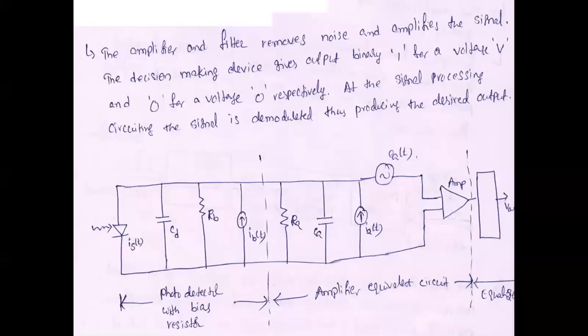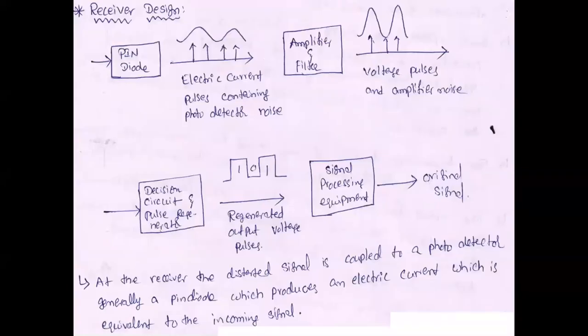Right. Now we have to take, instead of pin diode, an avalanche photodiode. What is the difference between pin diode and avalanche photodiode? Only the multiplication factor increases. Suppose we are taking a pin diode. The output of the pin diode is 1 volt peak to peak. But suppose we are taking an avalanche photodiode.